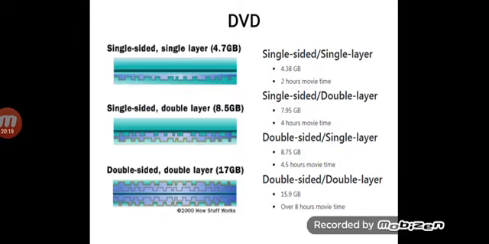Now the next part is how a CD differs from a DVD. As far as the construction, the working principle, the size and the shape are concerned, nothing has changed. CD and DVD are the same in every aspect, with the only difference that a DVD has more storage capacity.